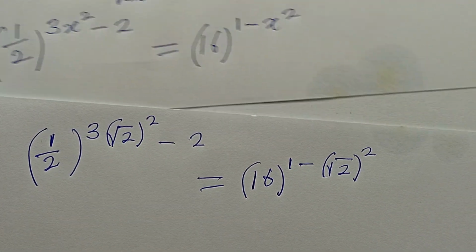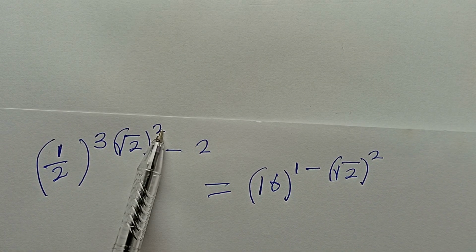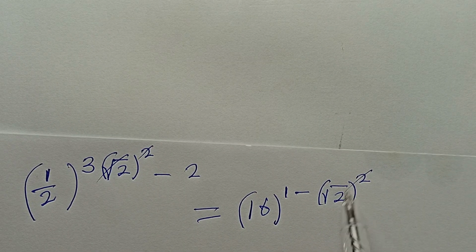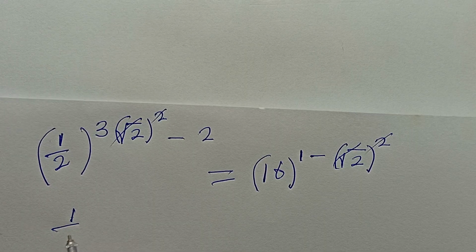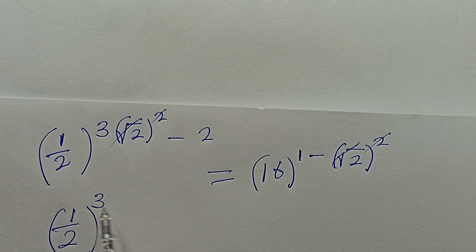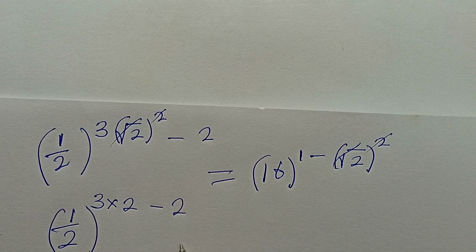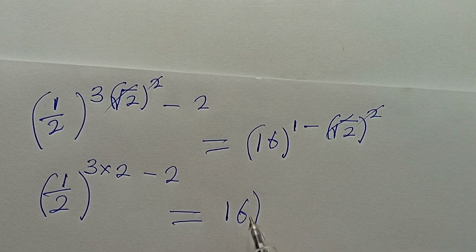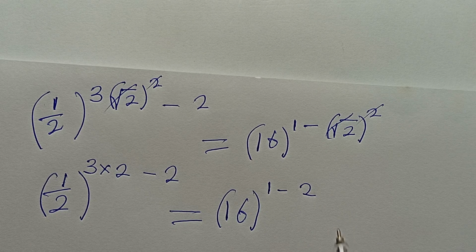From here, we know that the square and the radical will cancel out. We are now left with (1/2) raised to the power of 3 times 2, minus 2, equal to 16 raised to the power of 1 minus 2.